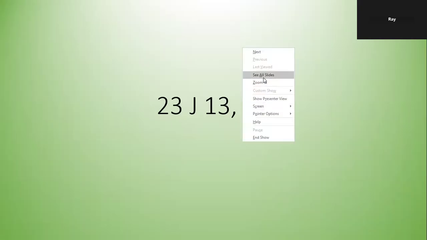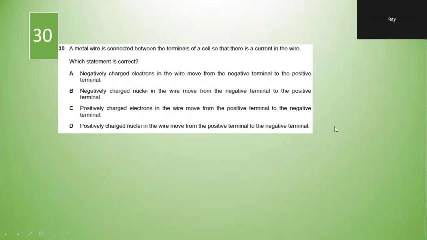Okay, 2023, May, June, Paper 13 and 23. A metal wire is connected between the terminals of a cell so that there is a current in the wire.